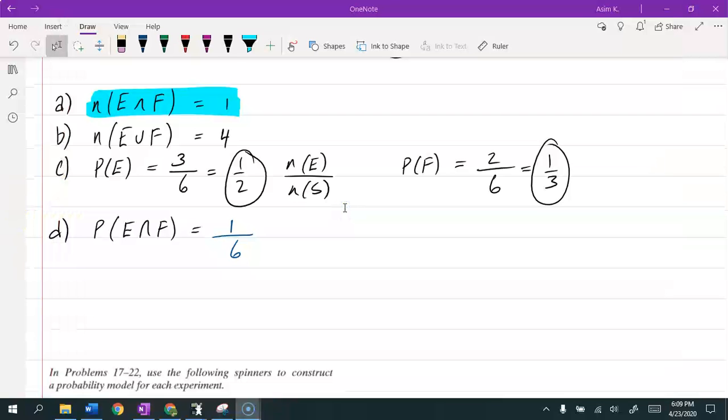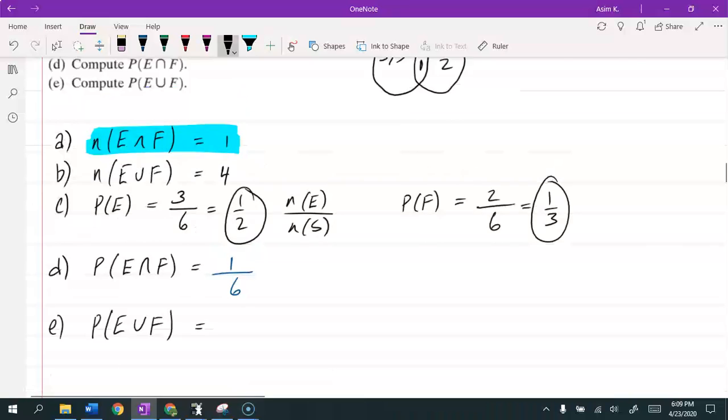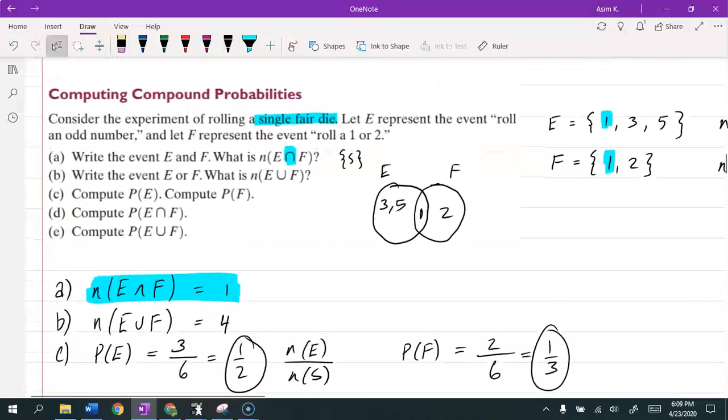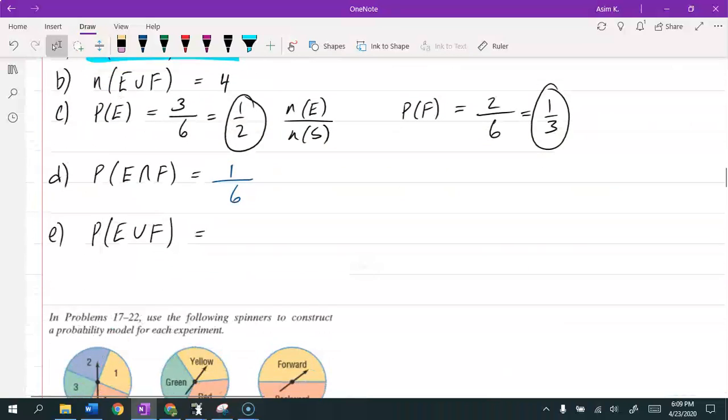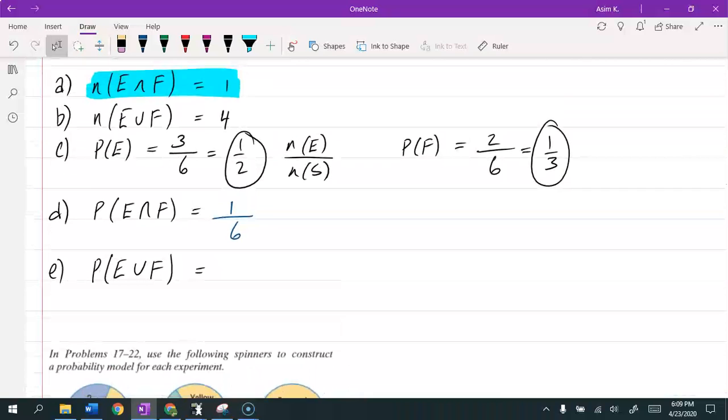Okay, now let's do letter E. Letter E says probability of E or F. Again, learn what E and F are first, right? E, for the last time, was rolling an odd number. So that's a 1, 3, or a 5. And F was rolling a 1 or a 2. So the probability of either rolling a 1, a 3, a 5, or a 1 or a 2.